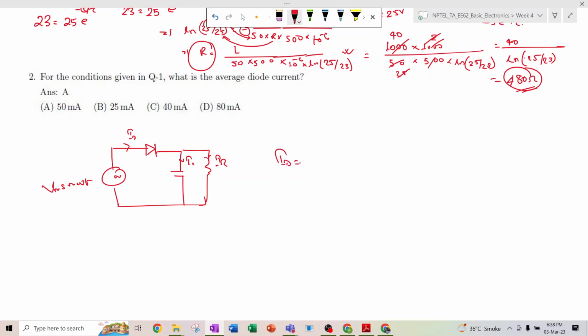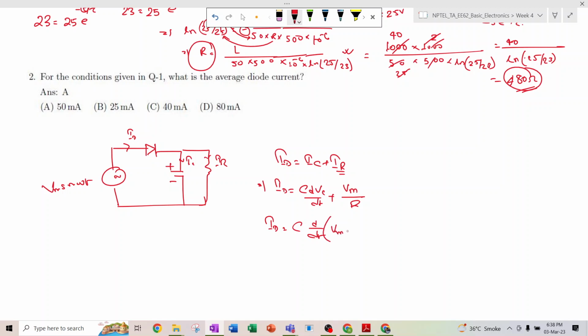So this diode current is nothing but IC plus IR, and this ID is C dVc/dt plus the resistance current, which is nothing but Vm divided by R, because once the capacitor is fully charged, the voltage will drop across it, and this ID becomes C d/dt of this.